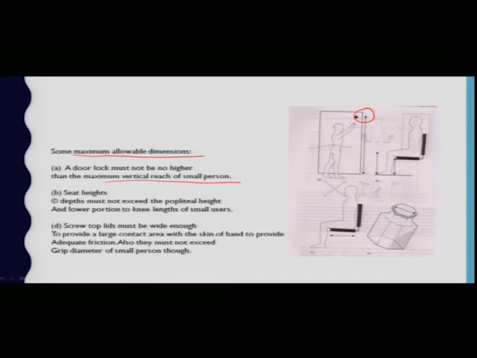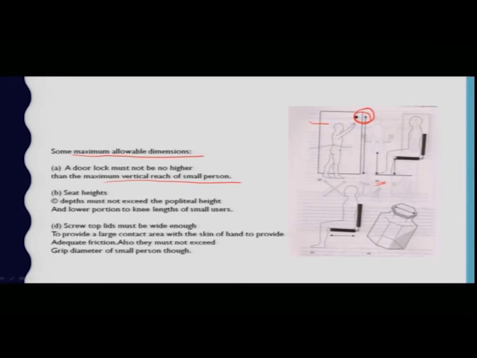Think of a small person and their vertical height; the door lock should be attached at a height so that the smallest person can also reach that point. That is the maximum allowable dimension you have to give to the door lock.